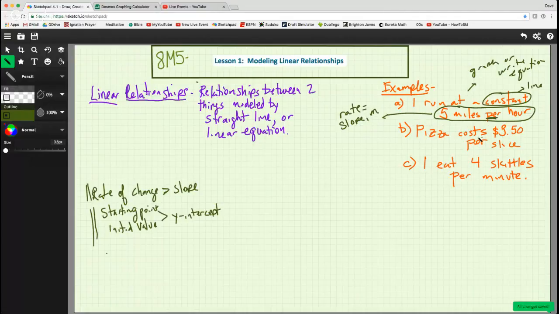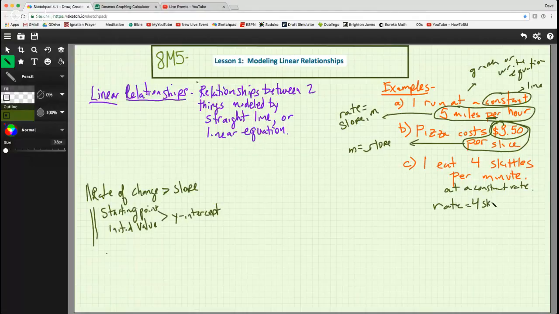In this example, pizza costing $3.50 per slice, this is going to be our slope, $3.50, that's going to be our m. And then here, I eat 4 Skittles per minute, at a constant rate. Every minute I'm going to eat 4 Skittles. So our rate is 4 Skittles per minute.